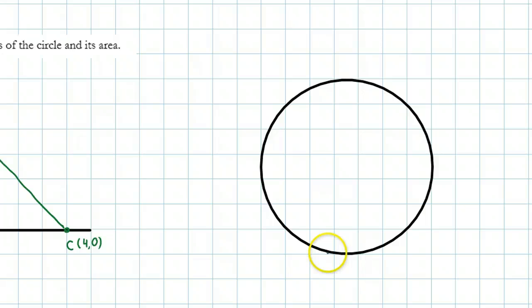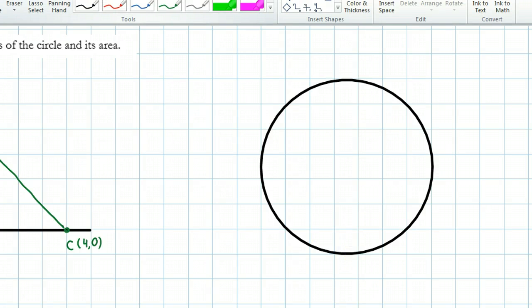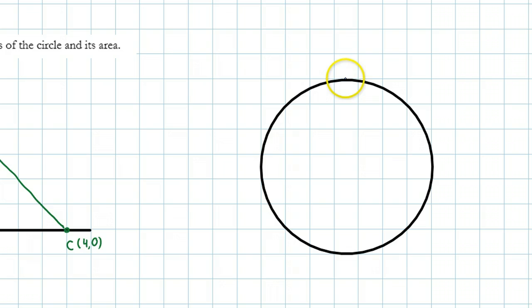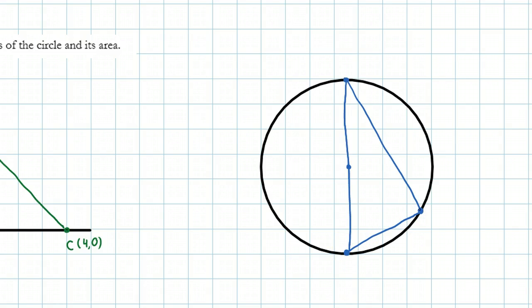So I have a little circle here, and the law that I'm talking about is as follows. If I draw the diameter in any circle, so there's my diameter in this circle, okay, there's my center. If I pick a point anywhere on this circle, so let's pick one here, and I create a triangle using the diameter and the line segments created by connecting each end of the diameter to that point, the angle here will always be 90 degrees.